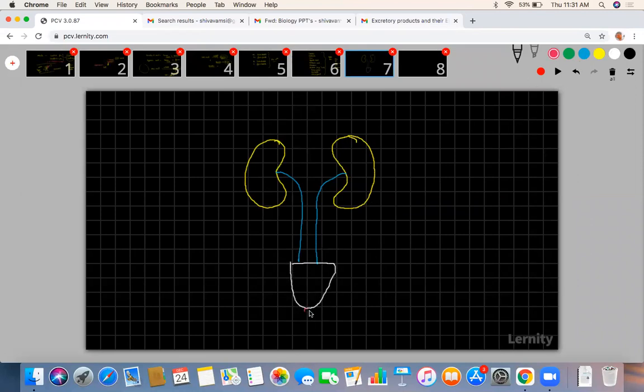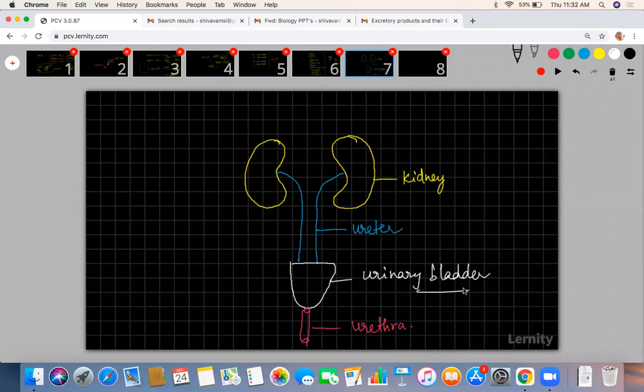Then you have your urethra. Okay, so these are the parts which will be seen in the human excretory system.